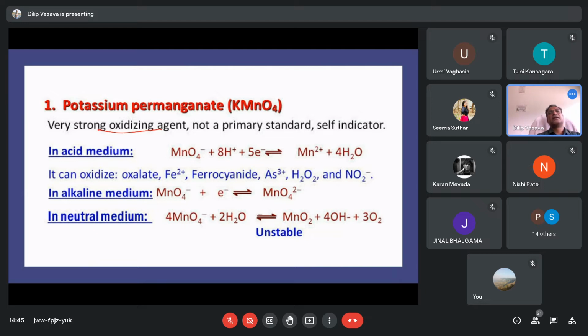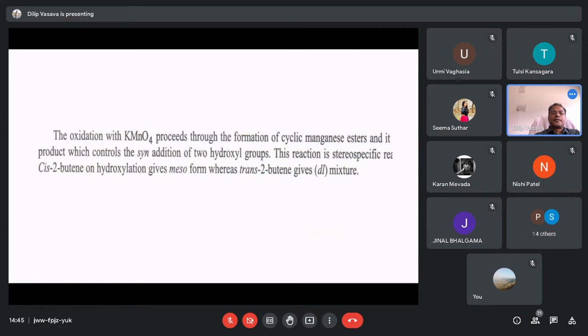The application will come at a later stage. Oxidation with KMnO4 proceeds through the formation of a cyclic manganese ester, and the product normally gives the diol. So the diol is considered as one of the products.